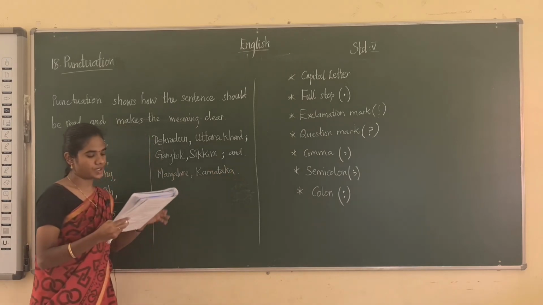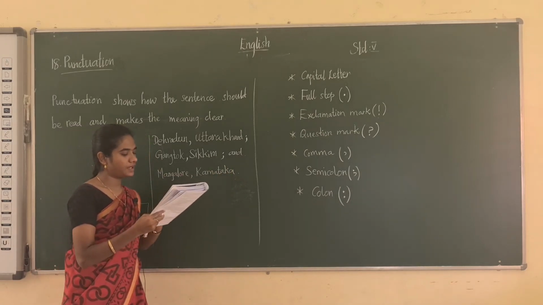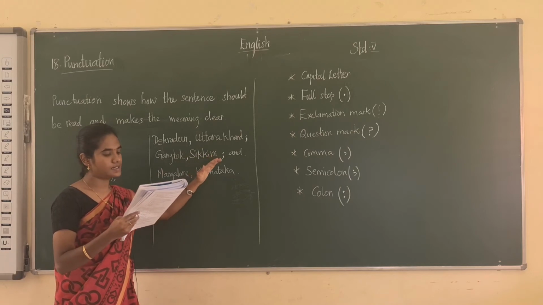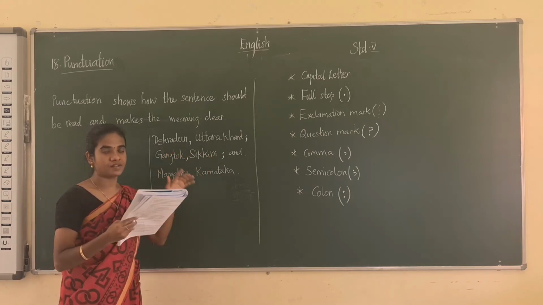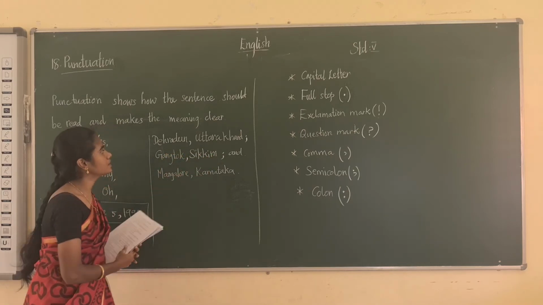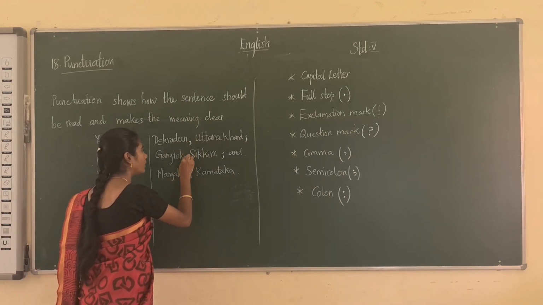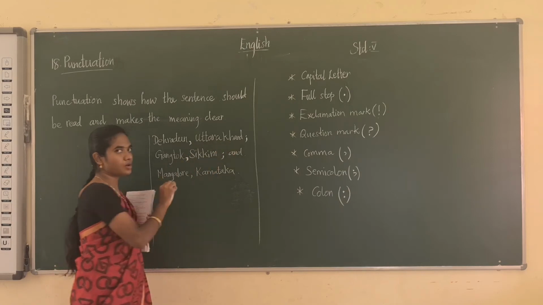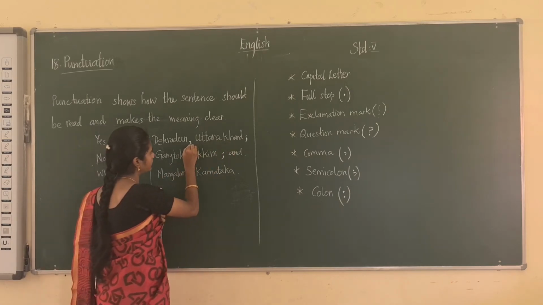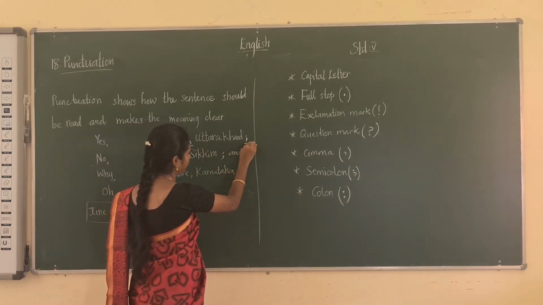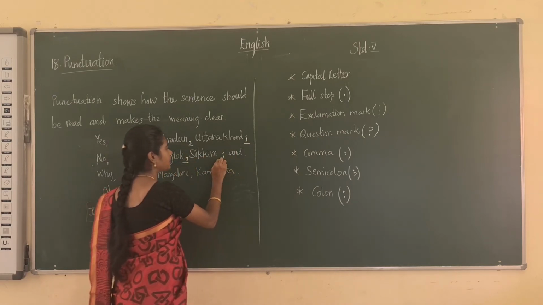Now see here students, here they have given a list. In that we have to separate the words that already have a comma. So in this they have a comma, that is Dehradun, comma, Gangtok, comma. So you have to add the semicolon also. You have to write like this: comma, semicolon, comma, semicolon.